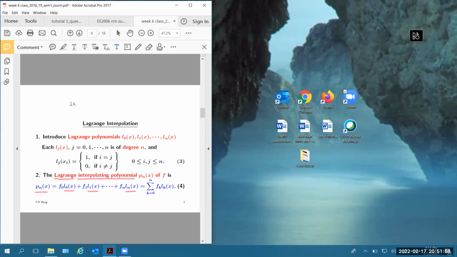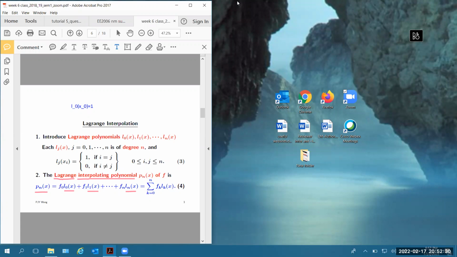Suppose I have the small L, L0, and you substitute x0. What will be the answer there, class? Suppose you have your L0(x) and you substitute x0 in L0. It will give us 1.